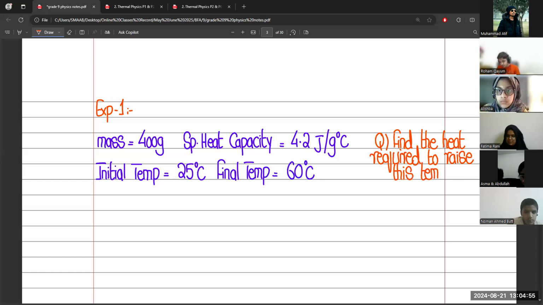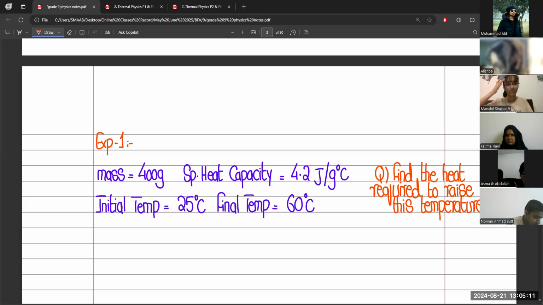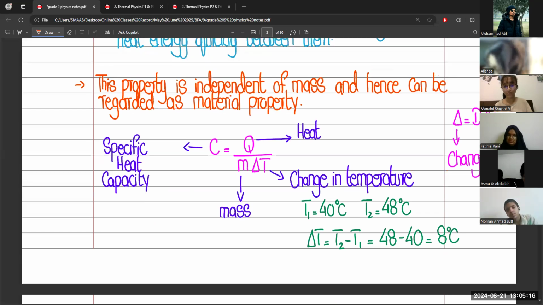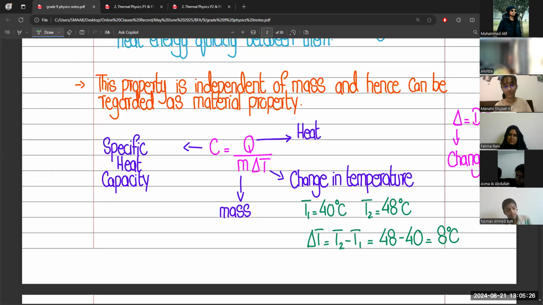Sir, when you wrote specific heat capacity, why did you write J and G? What does that stand for? Okay, so basically when we are writing quantities, we definitely have SI units with them, right? Like in this formula, heat can be measured in joules. So joules is the unit for heat.